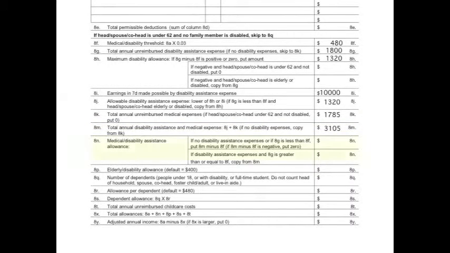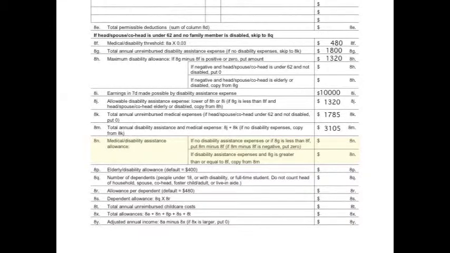Next, we have 8N. We have another one of those split fields. The first one, if no disability assistance expenses, well, we have disability expenses. Or if 8G is less than 8F. Well, 8G is higher than 8F. So we know we're not going to use this first field because neither one of those statements applies. So look at the second field on 8N.